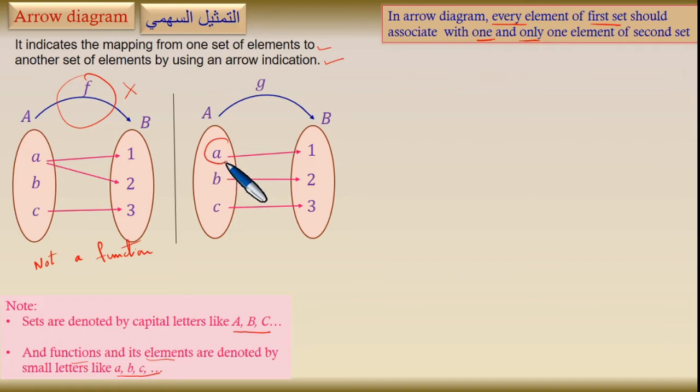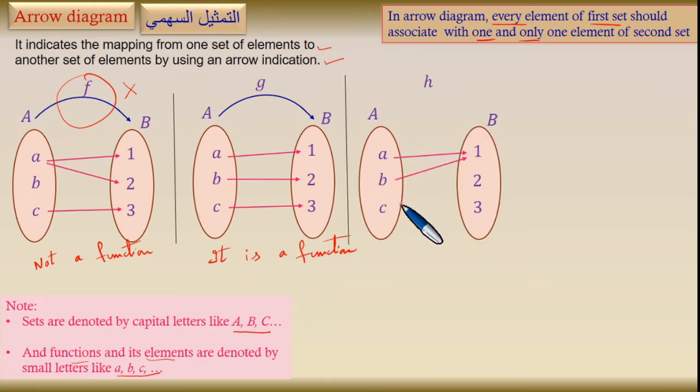A has only one association, element B also has only one association, and C also has only one association, right? Therefore it is a function. I hope you are understanding. This is a function. Now another example.